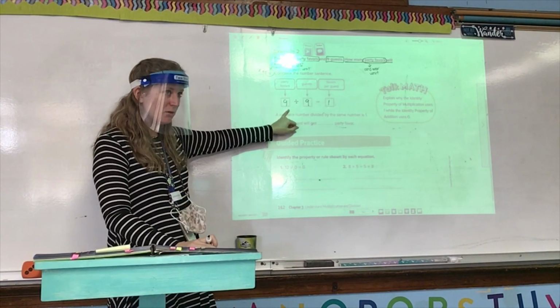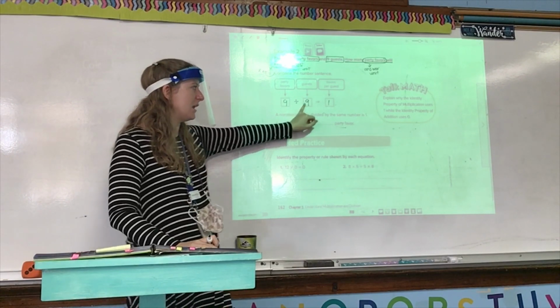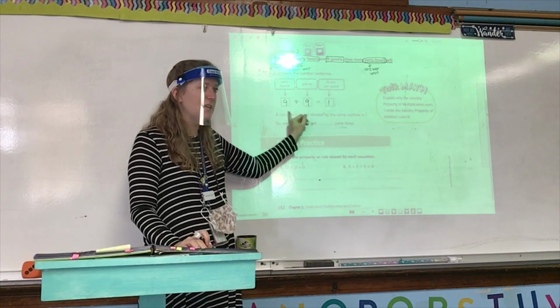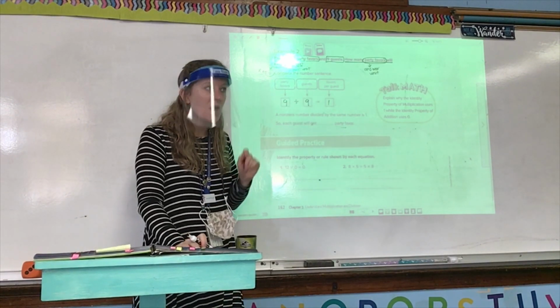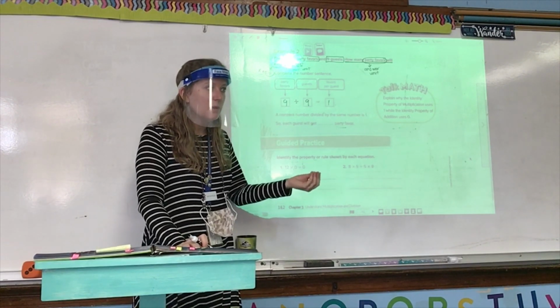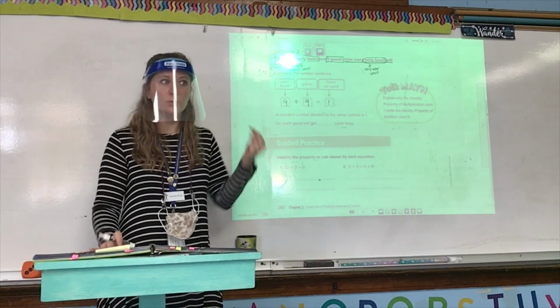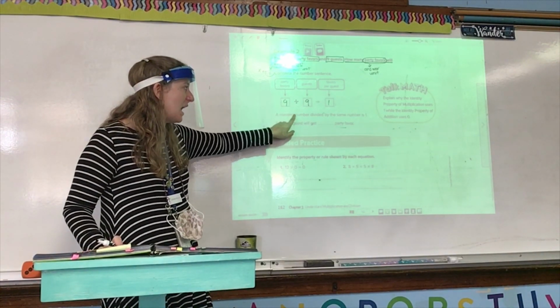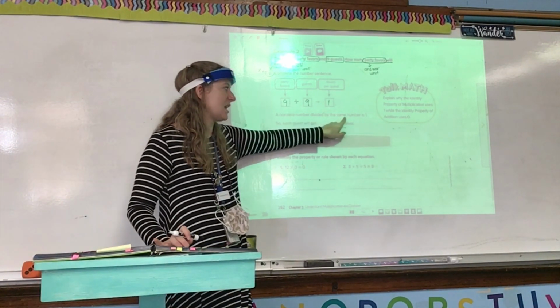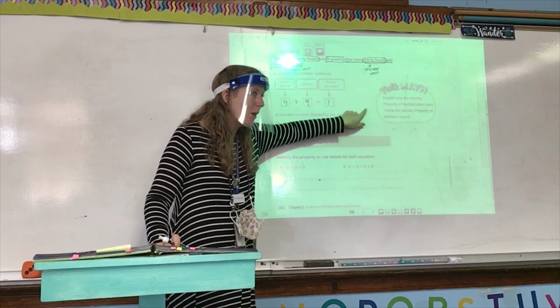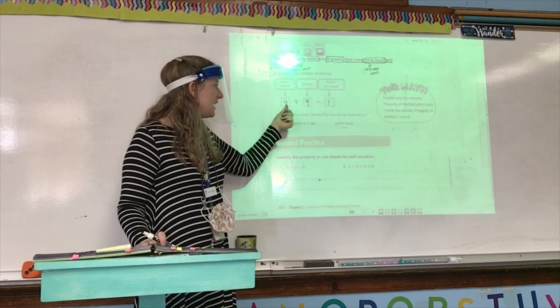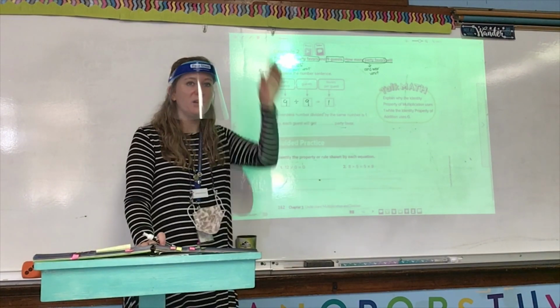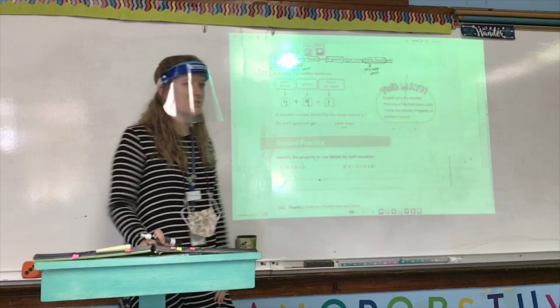So if I'm asking you, what other way can we tell that 9 divided by 9 is going to be 1 without even thinking of groups or objects? Well, the answer is because of the ones in division rule. The ones in division rule tells us any non-zero number divided by that same number or itself is 1. So if we see a number divided by that same number, we don't even have to think about it. We know the answer is going to be 1.